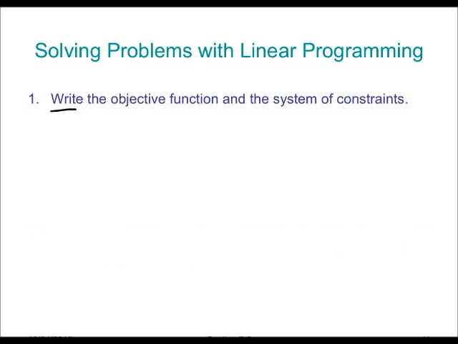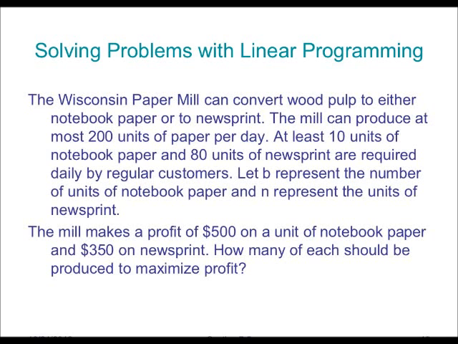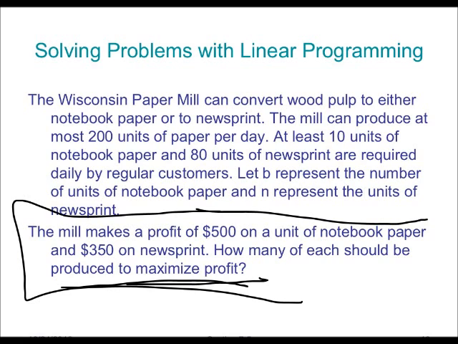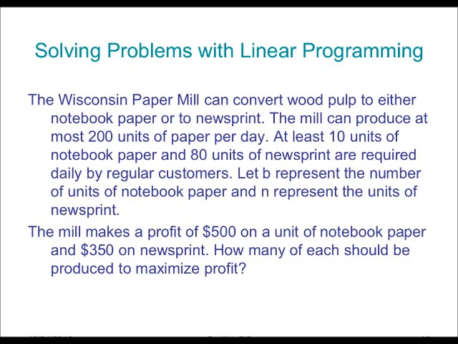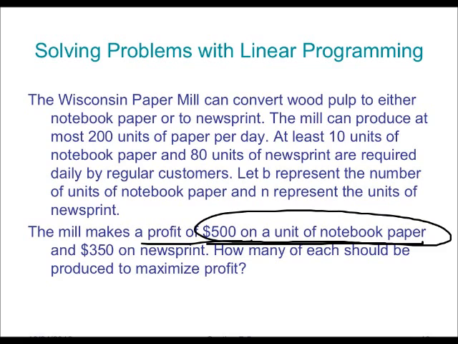So the first thing we need to do is write an objective function. Well, that is the profit that comes from the paragraph at the bottom. So we make a profit of $500 on a unit of notebook paper. So for every notebook paper I sell, I'm going to make $500 profit.